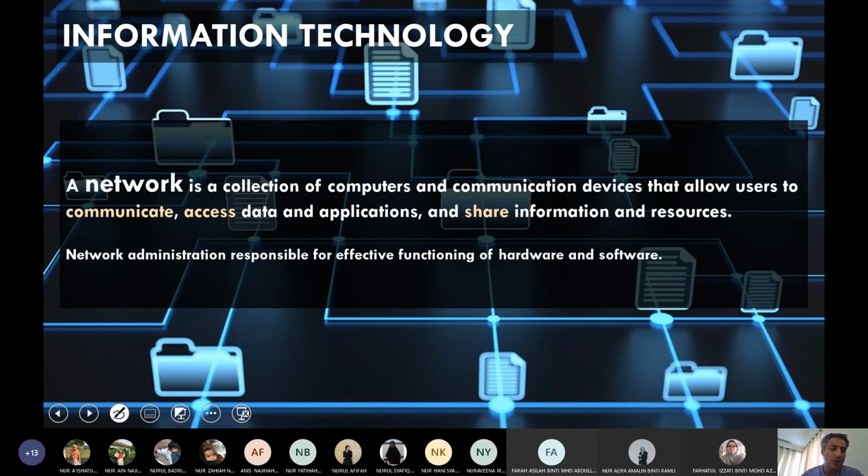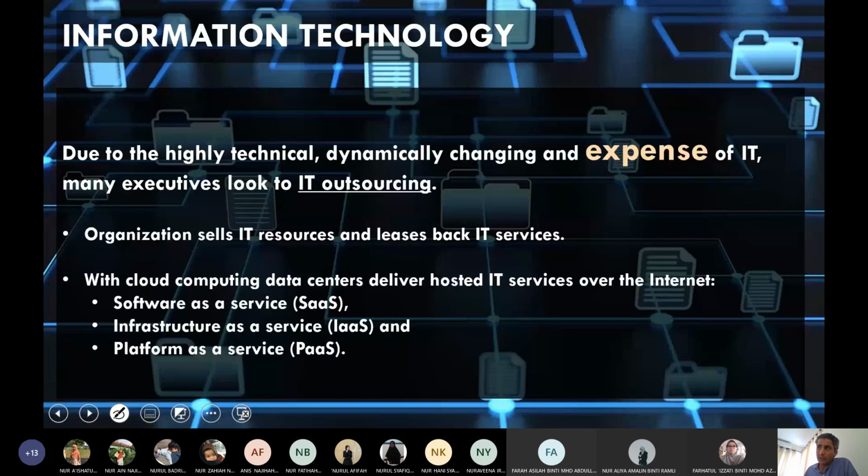Okay, so we also need to know that some systems are based on a network, which is a collection of computers and communication devices that allow users to communicate, access data and applications, and share information and resources. Network administration is responsible for the effective functioning of hardware and software. Now we even have online software, which we will discuss here, based on cloud computing technology.